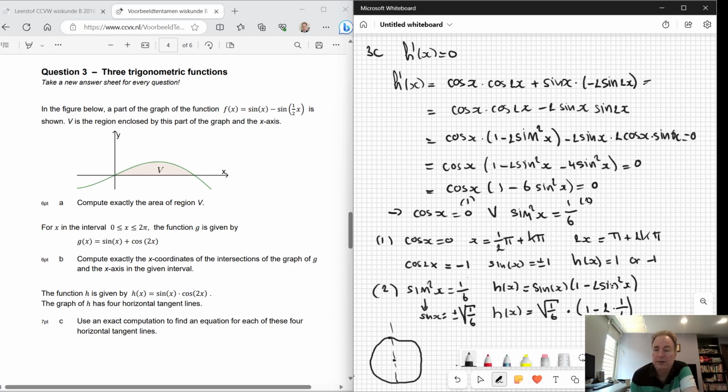But the square is always 1 over 6. So let me summarize the two solutions like this. You get plus or minus the square root of 1 over 6 times 1/3 times 2/3. Okay.